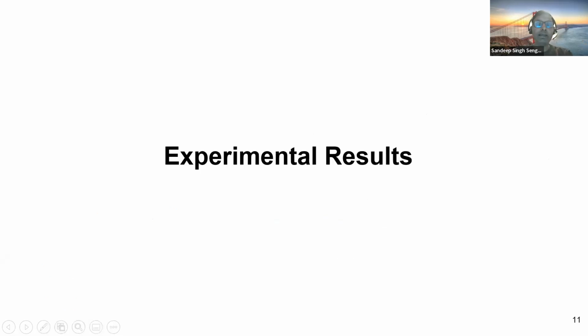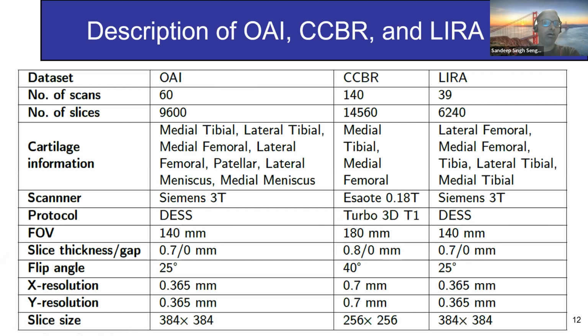Now, we have done experiments on 3 different datasets: OAI, CCBR, and Lyra. In OAI, we have 60 scans. In CCBR, 140. In Lyra, we have 39 scans. If you talk about the number of slices, these are the number of slices and number of classes, and these are the different parameters generated by the radiologist.